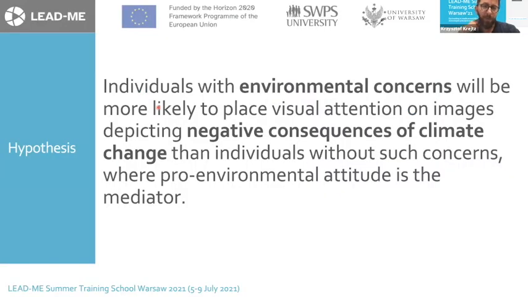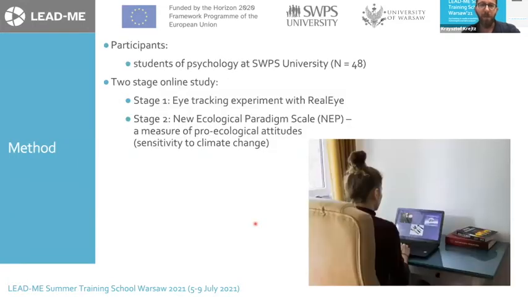So the main hypothesis of Anna was that individuals with environmental concerns will be more likely to attend to images depicting negative consequences of climate change than individuals without such concerns. She did a study on 48 psychology students, and that was a two-stage study.